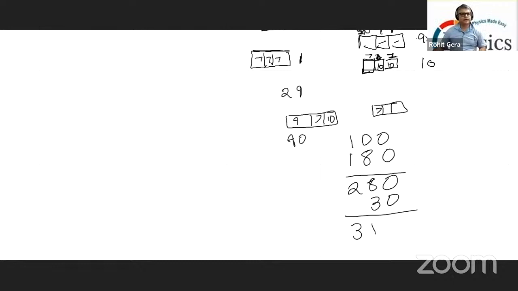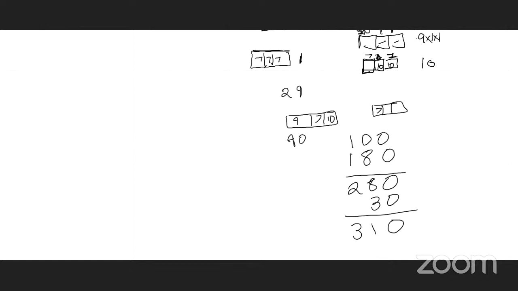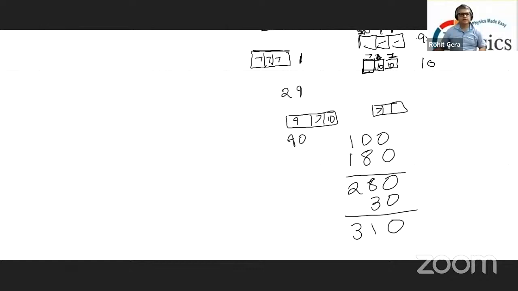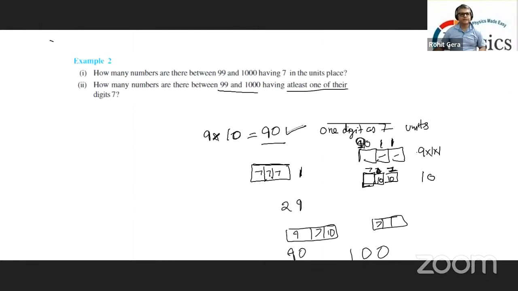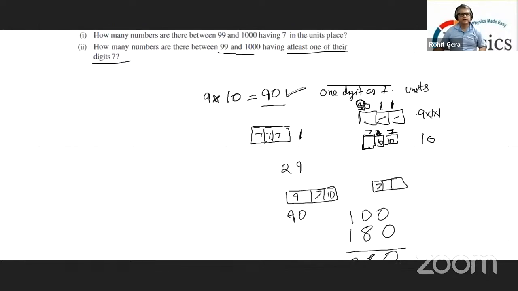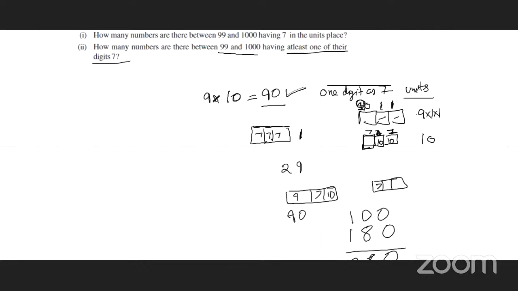Let's compare. I don't know what it is. The answer says 252. How? Show the solution. No, let's do a rethinking. So they have said at least one of the digits to be 7. If you put it in the unit place you got 90.